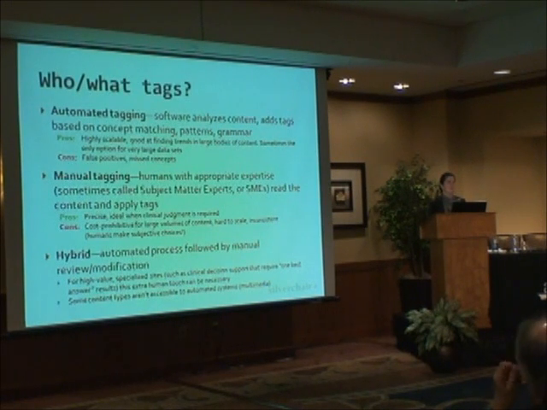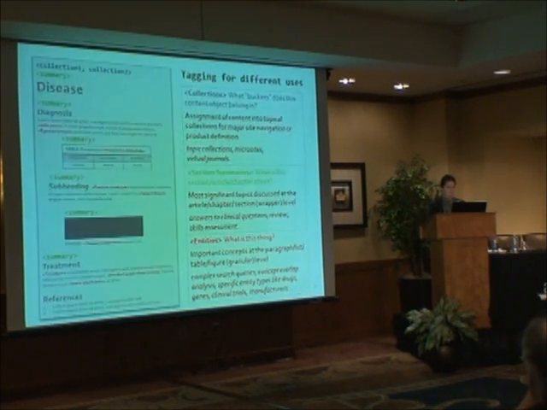Taxonomies are getting better and better, and so we've come to the point now where much of our tagging is done by automation because it's risen to the level where we think it is accurate enough for certain types of use cases. And there definitely are some times when we still go back to using humans because there are just certain types of tagging that computers have a tough time doing.